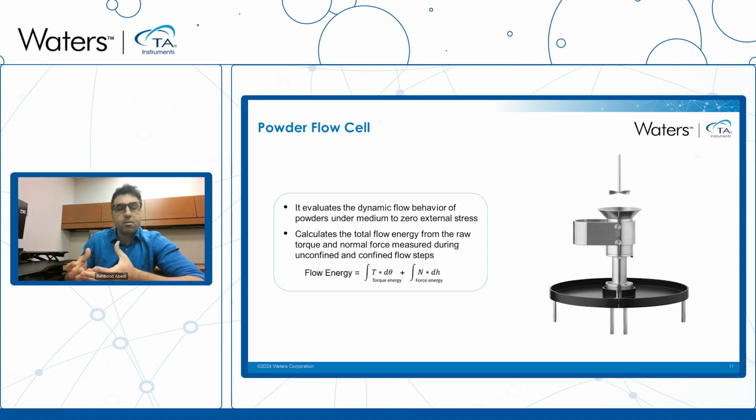So depending on the resistance of the powder, the rheometer measures the torque and normal force it needs to go through the powder bed. So we can measure the total work or total energy that needs to go through the powder. This way, we measure the flow energy of that powder.